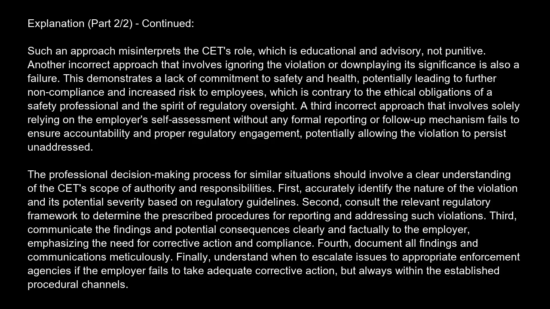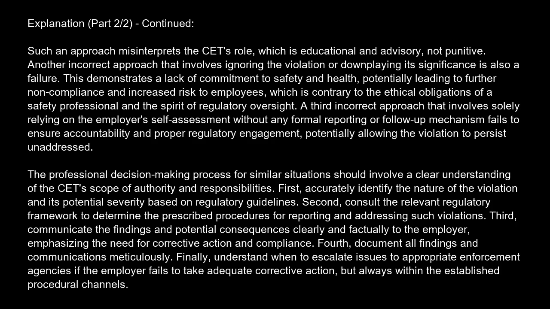The professional decision-making process for similar situations should involve a clear understanding of the CET's scope of authority and responsibilities. First, accurately identify the nature of the violation and its potential severity based on regulatory guidelines. Second, consult the relevant regulatory framework to determine the prescribed procedures for reporting and addressing such violations.